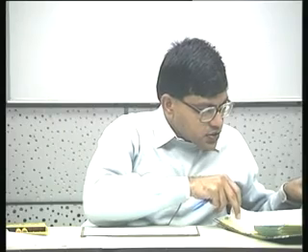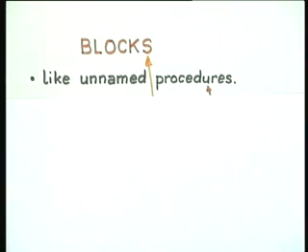And as far as blocks are concerned, the important thing is that blocks are really like unnamed or anonymous procedures, right. And as a result, the question of naming is actually very important in any kind of programming.